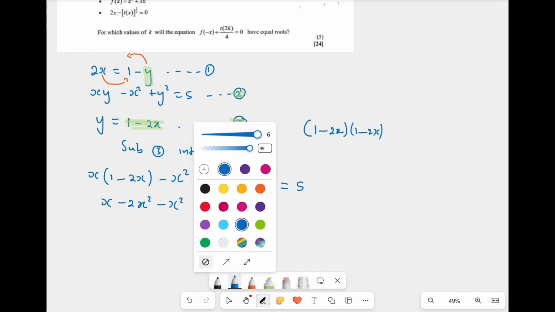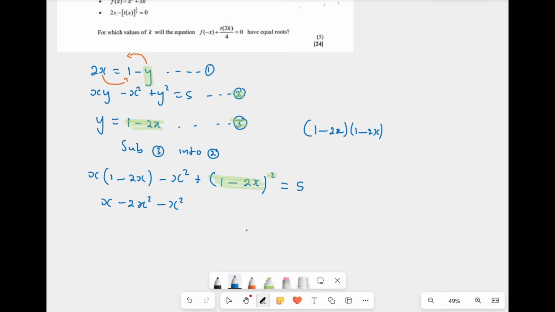Now 1 multiplied by 1 is 1, and then 1 multiplied by negative 2x will be negative 2x, and then negative 2x multiplied by 1 is negative 2x. If you add the like terms, I will have negative 4x, and then negative 2x multiplied by negative 2x will be plus 4x squared. This is equal to 5.